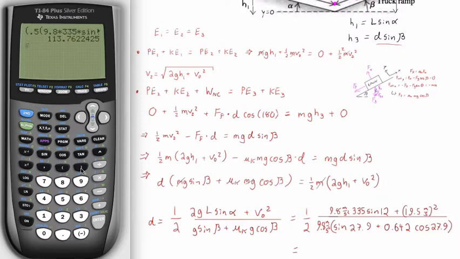Let's see if we got all our parentheses right here. Okay, so we get 113 meters as our final value of d. And we'll round that to 114 meters. Okay, thank you.